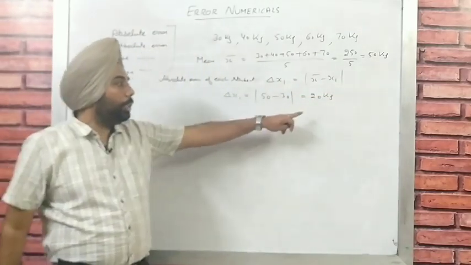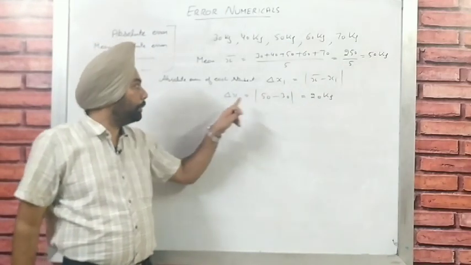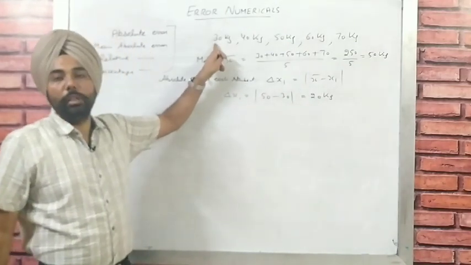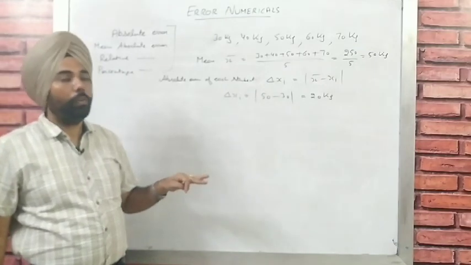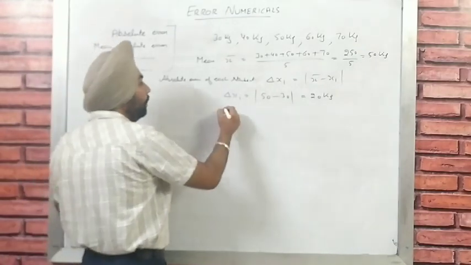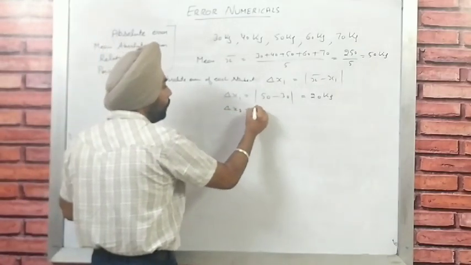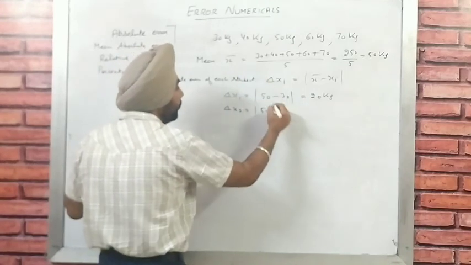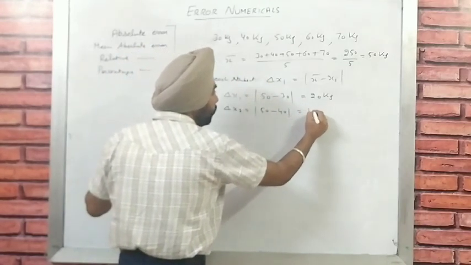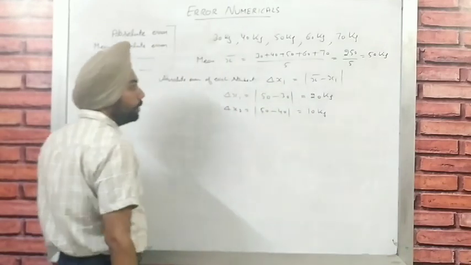Now 20 kg is going to be the absolute error of the first student, and similarly we can also find out the absolute errors for the other students as well. So 50 minus 40, the answer is going to be 10 kg. So simple.